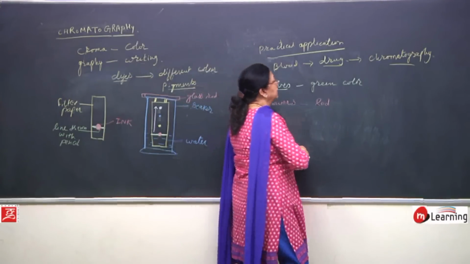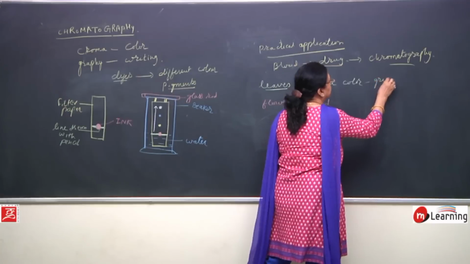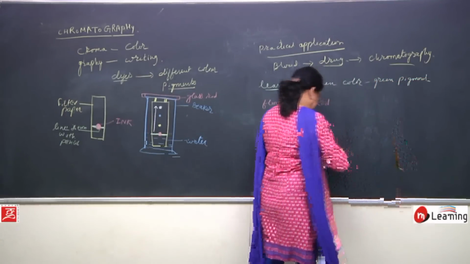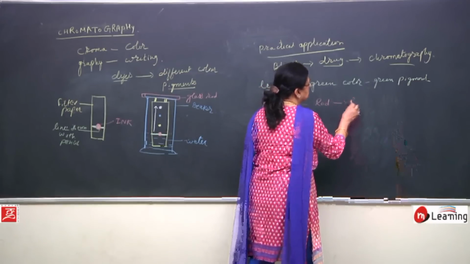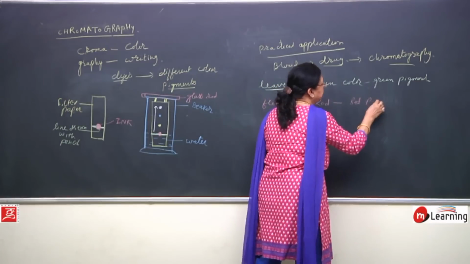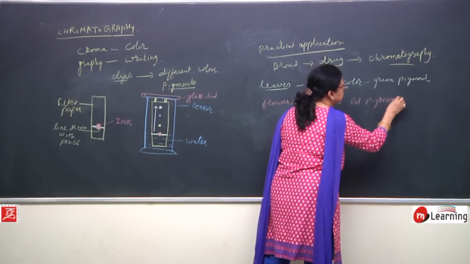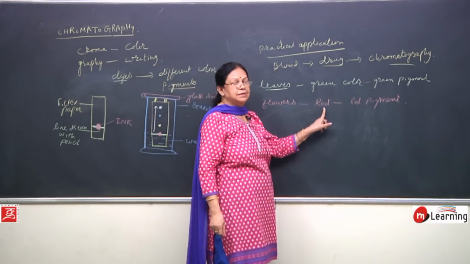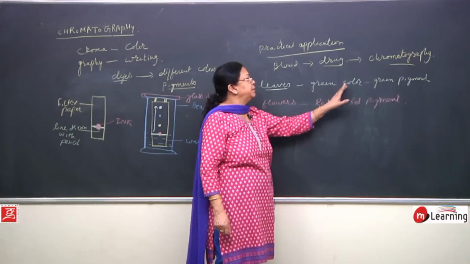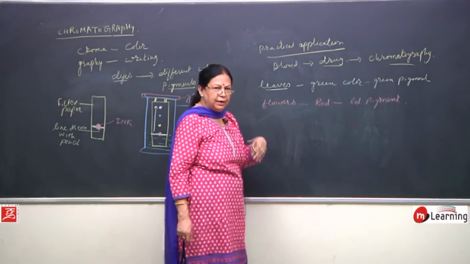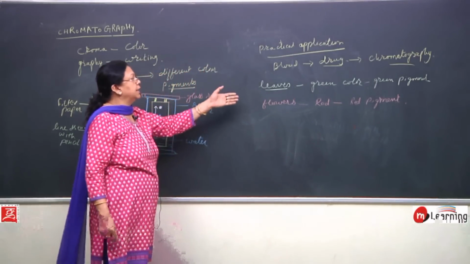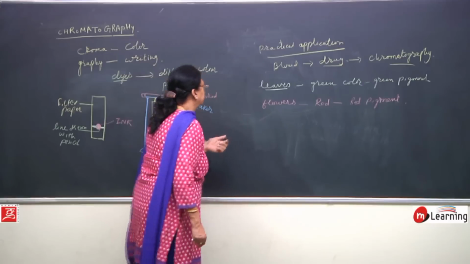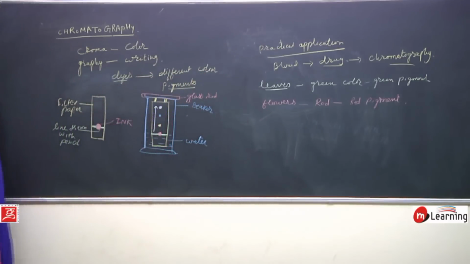So, this has green pigment and this has red pigment. Because of that green pigment only, leaves are green in color. Because of this red pigment only, flowers are red in color. So, these pigments or dyes are usually separated from natural leaves and flowers by the process of chromatography. So, this is all about chromatography.